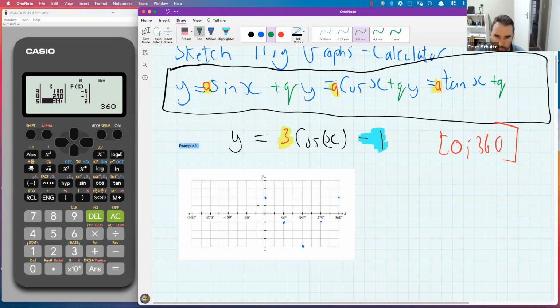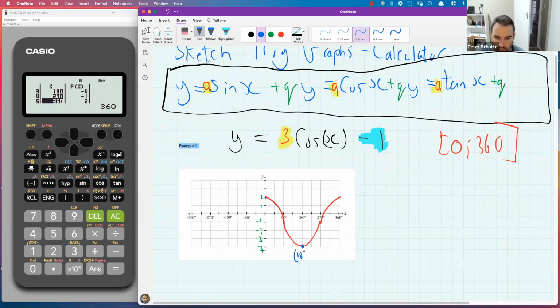We can even put them here if we want. And so if I wanted to draw this graph, that's what it would look like. And we should always label the turning points.